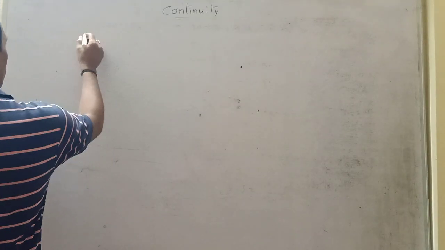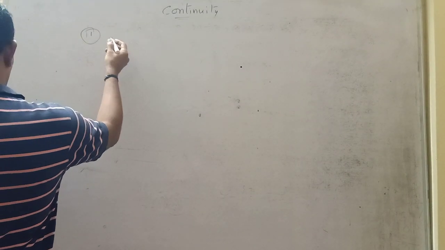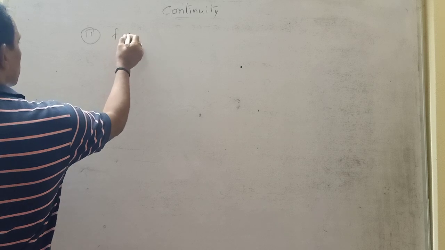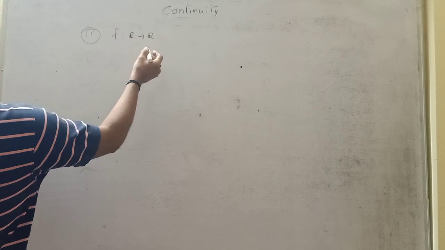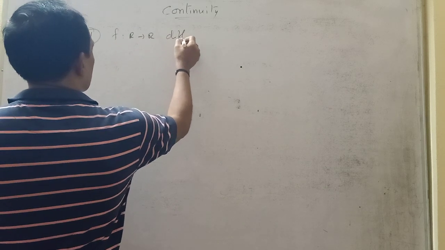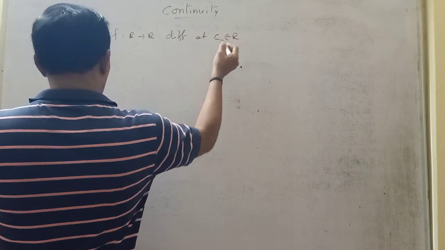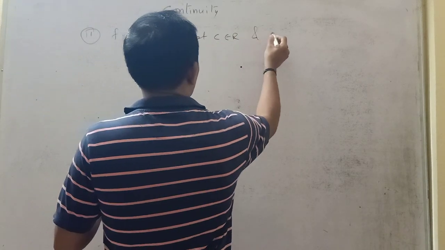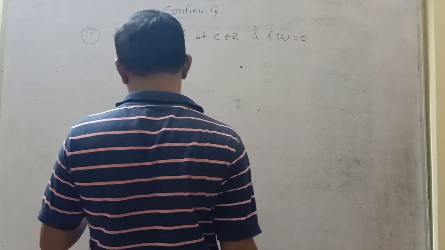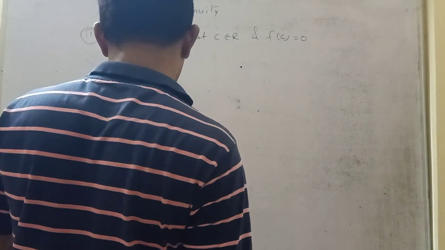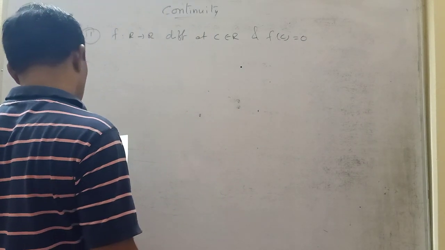Next, I think 11th or 12th. Let f map R to R be differentiable at c belongs to R, and f of c is equal to 0.